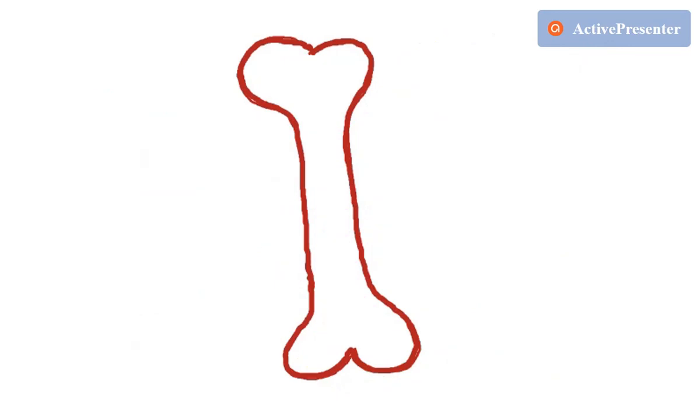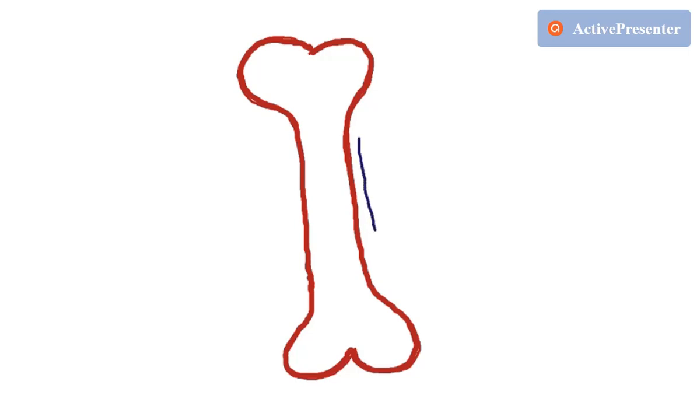So here's my long bone again, and we went through the inside of the bone with the outer cortex of the compact bone, and then the inside is the medullary cavity. The medullary cavity is lined by the endosteum, and the entire bone outside of the bone is wrapped up in periosteum. So now let's look at just the basic structures and anatomical features of the bone from the outside.